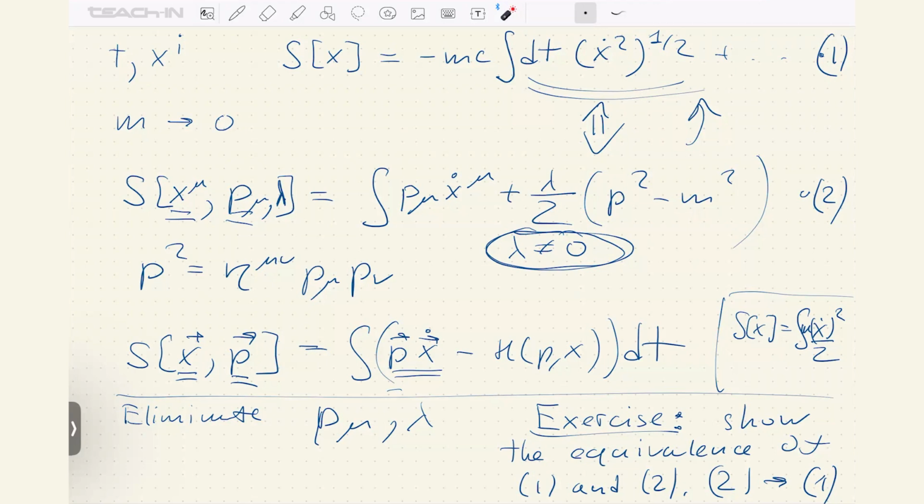But before really getting to these constrained Hamiltonian systems, we need a brief recap to be more careful with what Lagrangian formalism is and what Hamiltonian formalism is. Maybe it's a good point to ask me questions, if there are any.